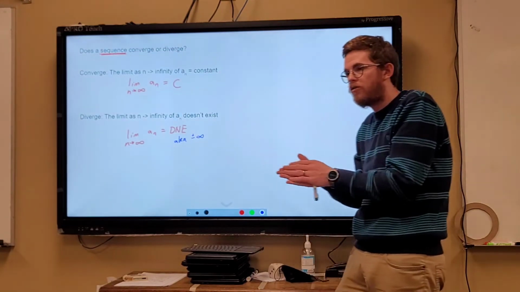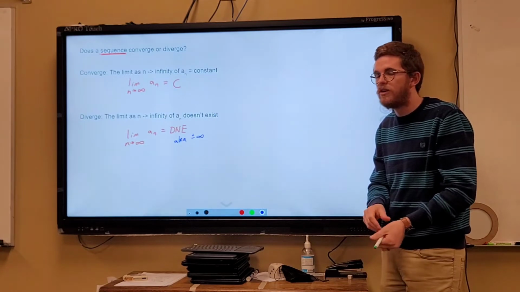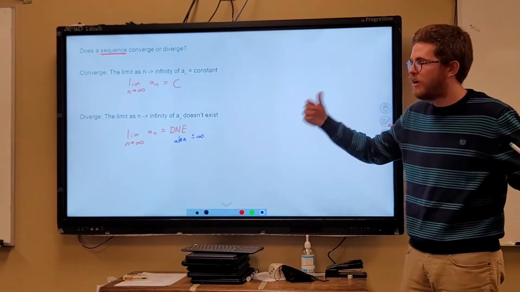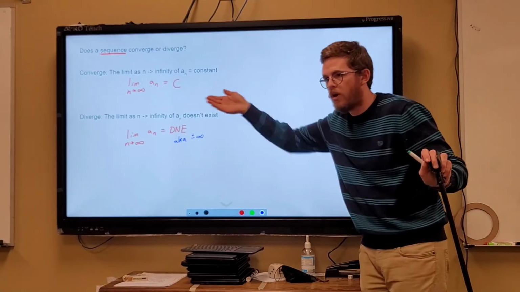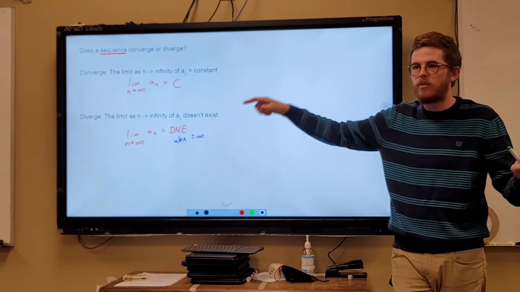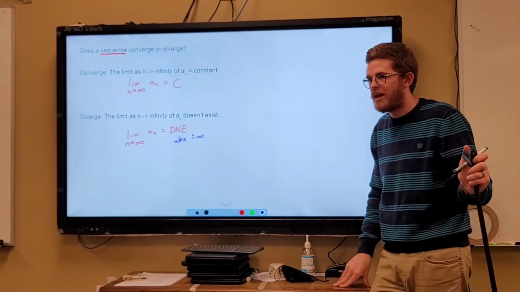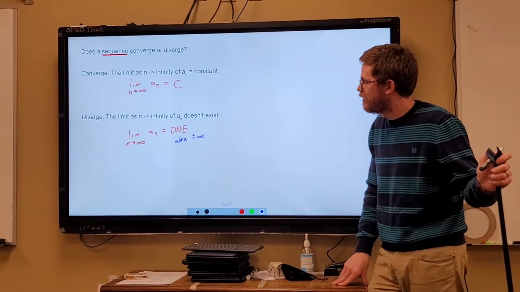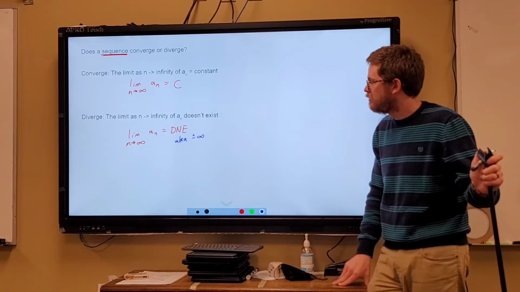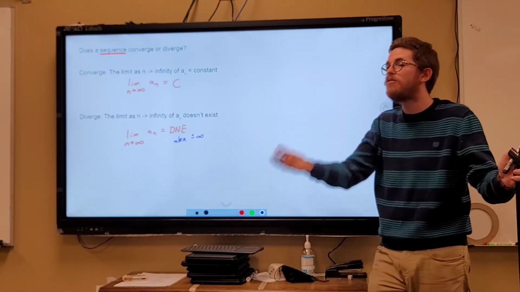Converge means we've resolved at a nice finite number. As we continue to look at the next term and the next term, they're getting us somewhere if it converges. When we look at that last term in the sequence, we know it's going to be a constant value. But it diverges if it does something like approaches infinity. We would never get there.